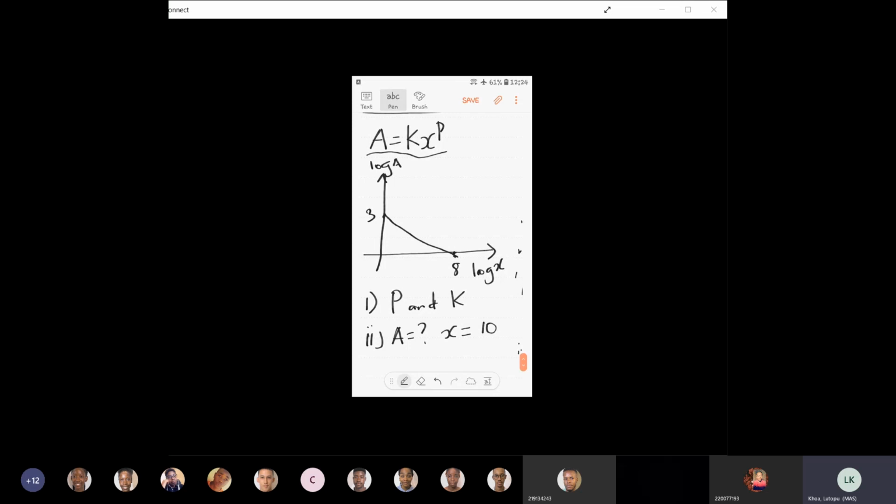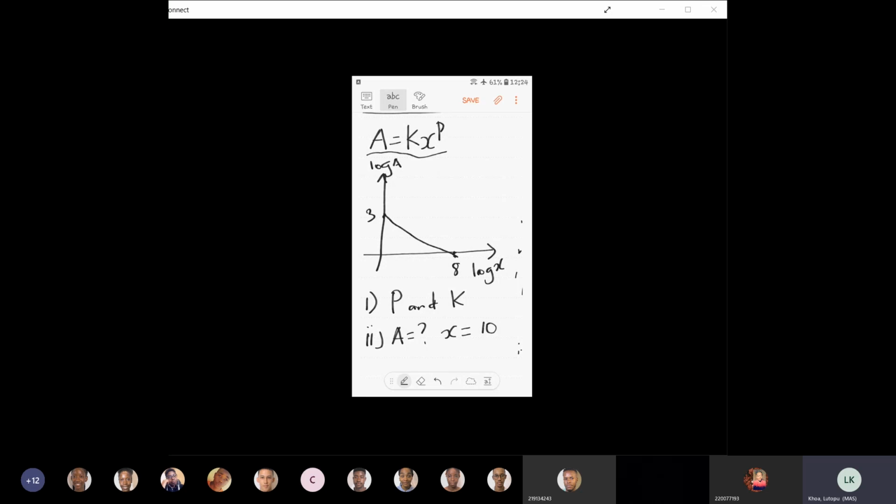So again, this is the question. The very first thing you need to do is make this linear, and the way you make it linear is by taking logs on both sides.